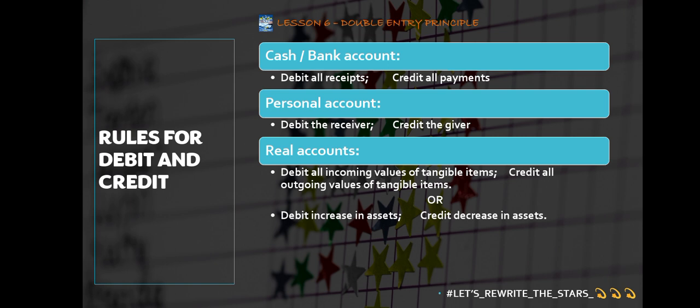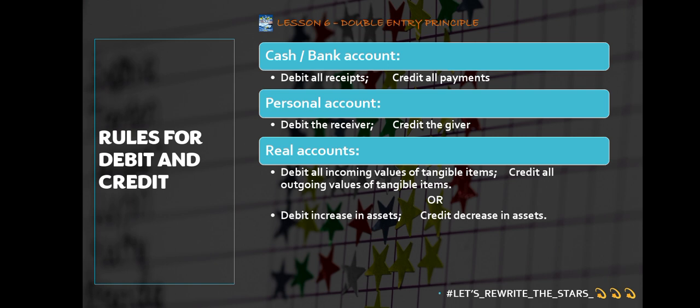We will debit all incoming values of tangible items. The real account has to do with tangible assets, items that belong to the company that can be seen and touched. So any value that is coming into the business, we are going to debit.